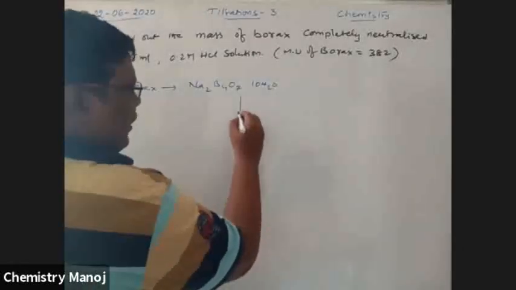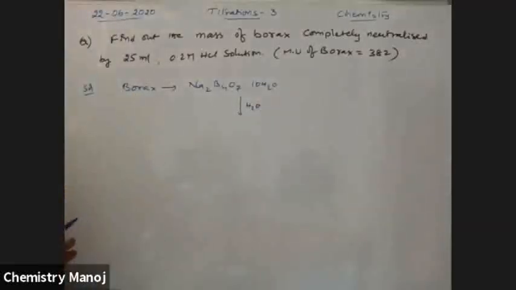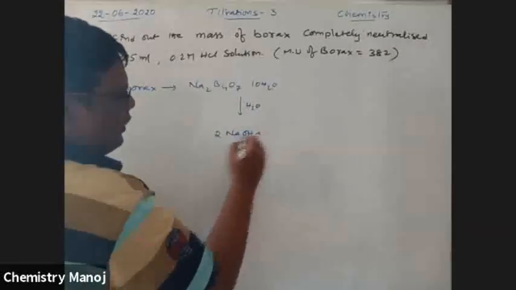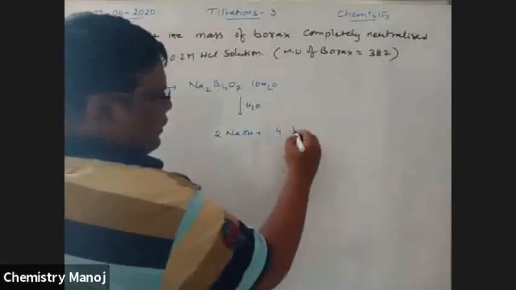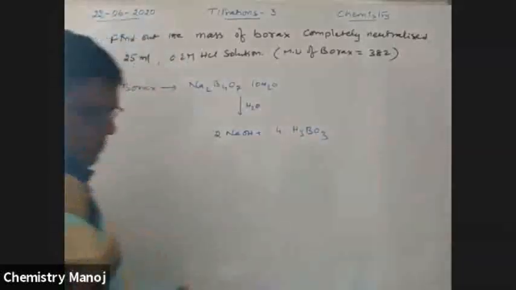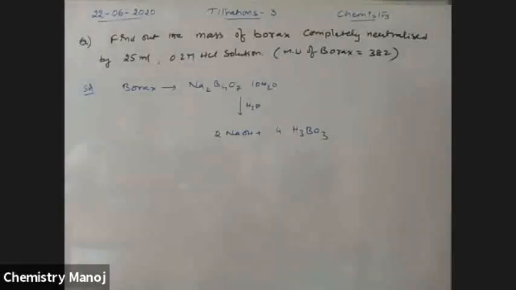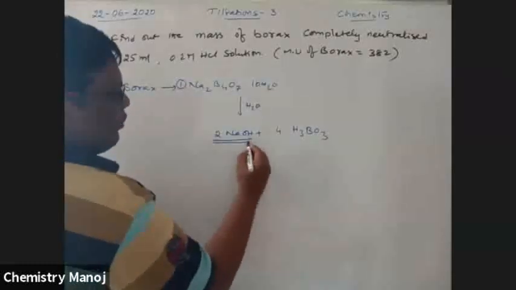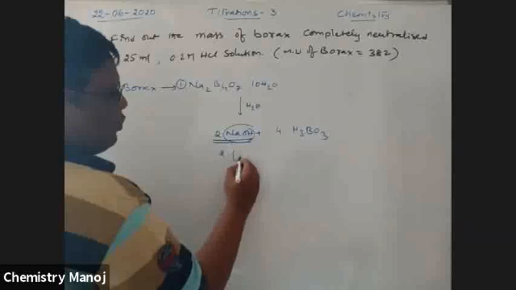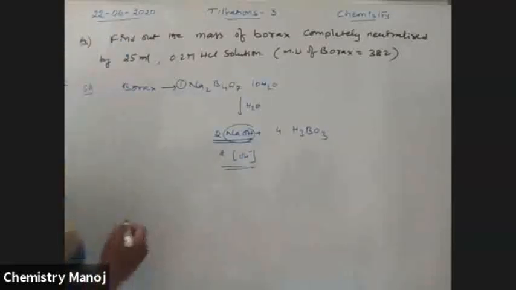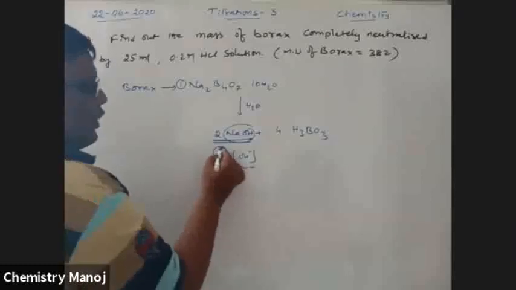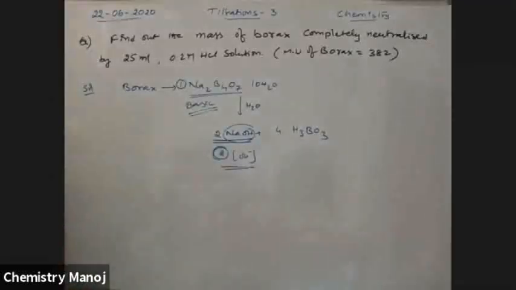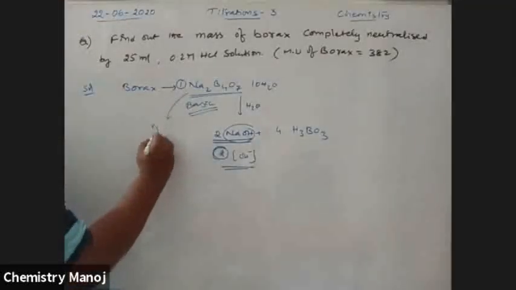When it is dissolved in water, that gives 2 moles NaOH and 4 moles H3BO3, which means 1 mole of borax liberates 2 moles NaOH. From these 2 moles NaOH, 2 OH minus ions are released. Because it releases 2 OH minus, this solution is basic in nature. Our borax is basic in nature and its N factor is equal to 2.